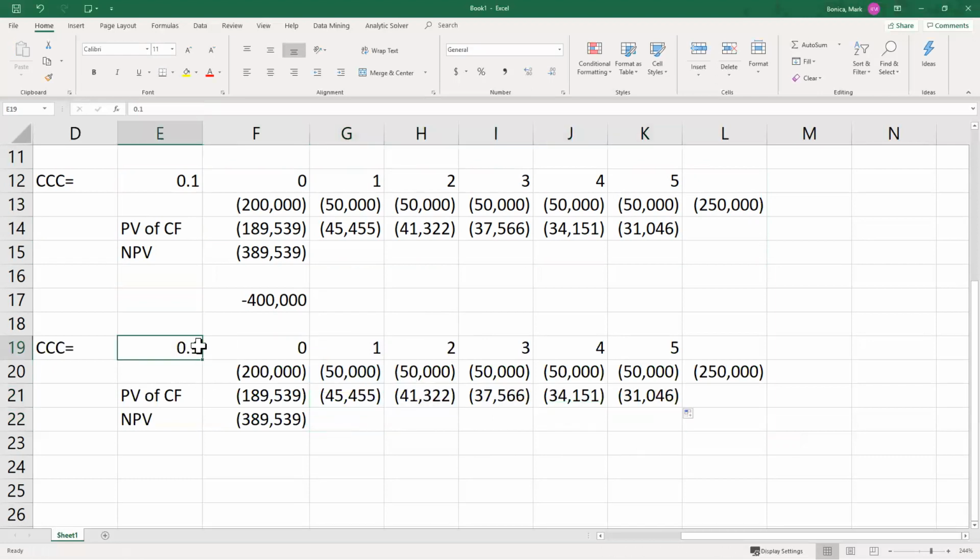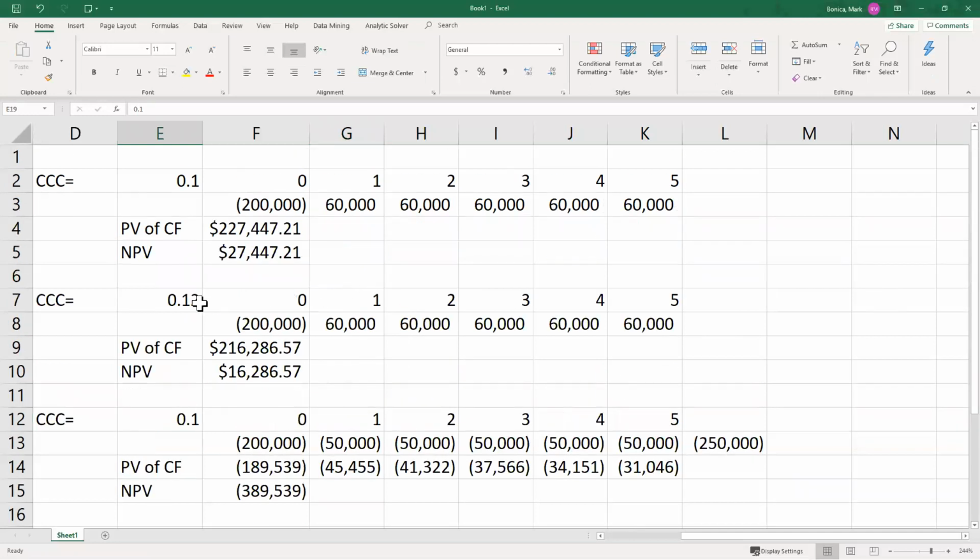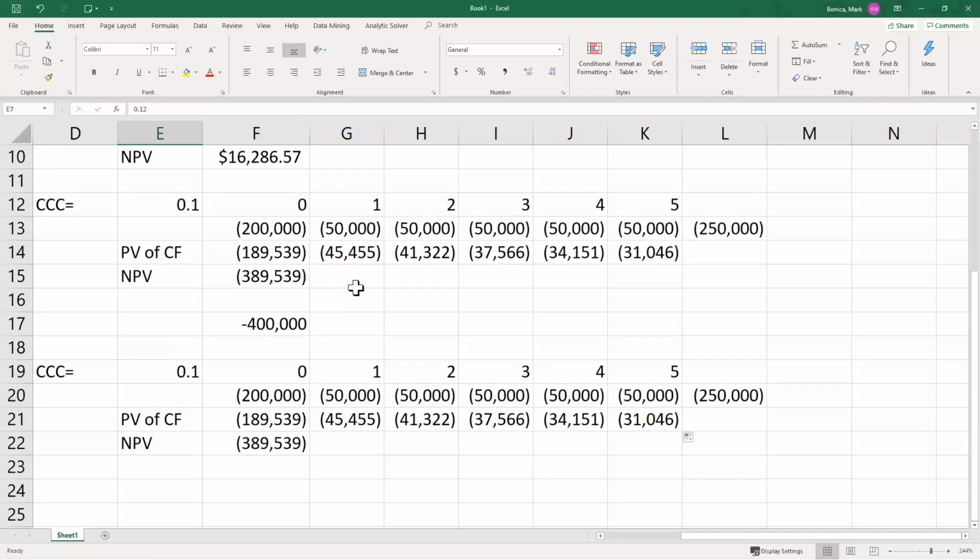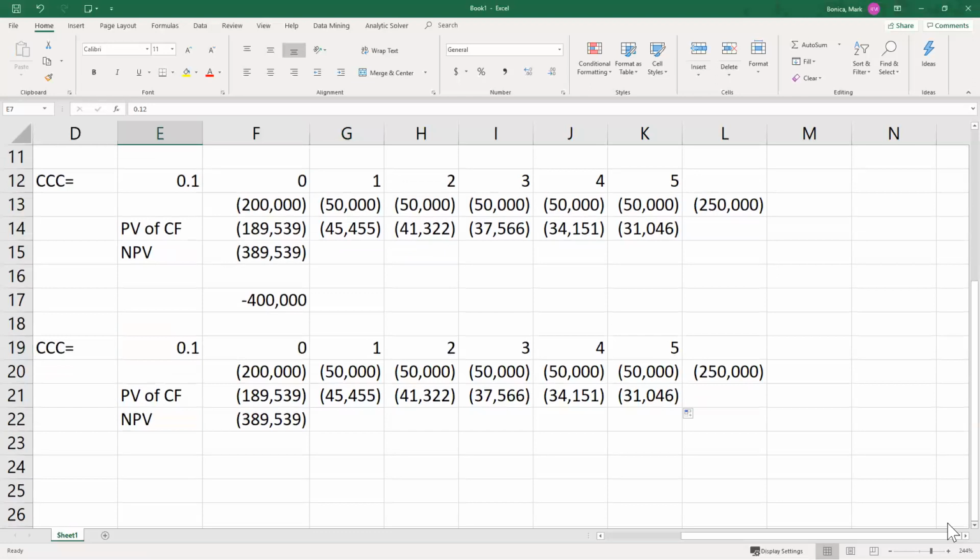Because I'm going to mess with this in a minute. So what if we said, well, this investment is actually a little more risky than the normal investment for our firm? Well, should we, like we did up here, increase the discount rate to represent the fact that this investment has more risk? Well, if we did that, let's see what happens.